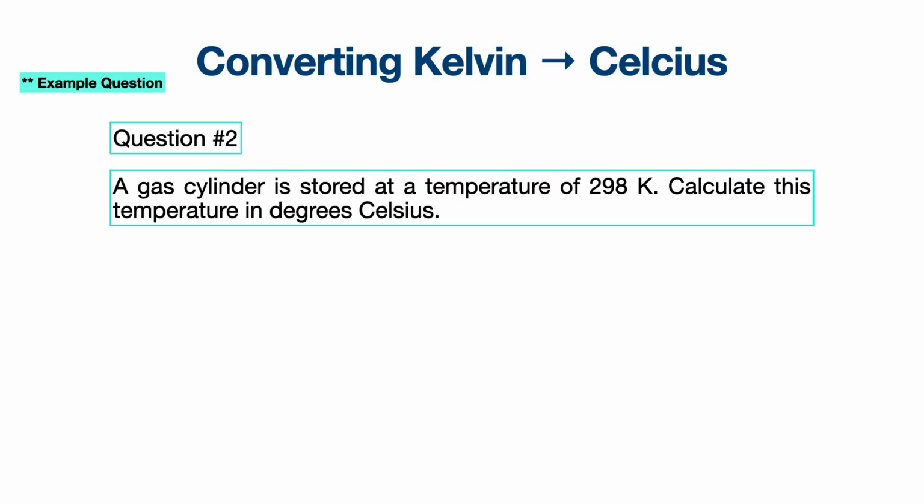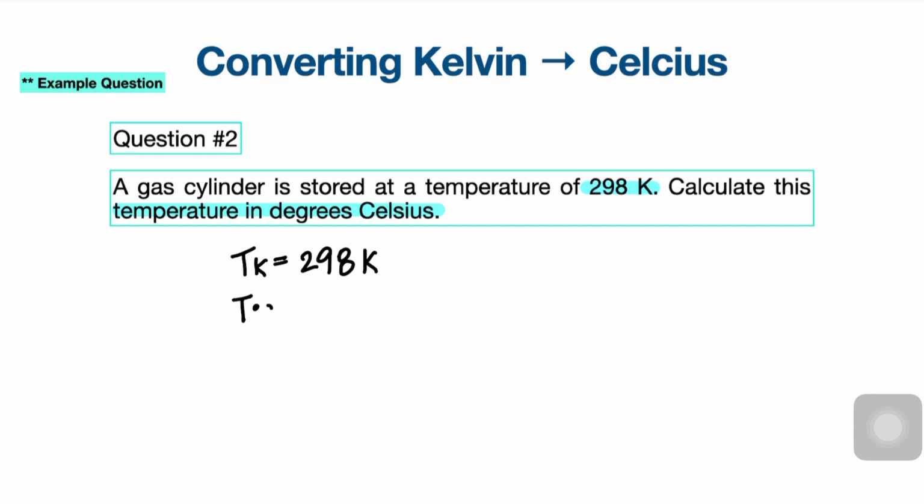Let's look at another question, question 2. A gas cylinder is stored at a temperature of 298 Kelvin. Calculate this temperature in degrees Celsius. So the gas cylinder is stored at a temperature of 298 Kelvin.